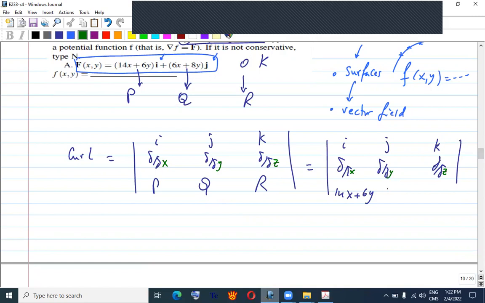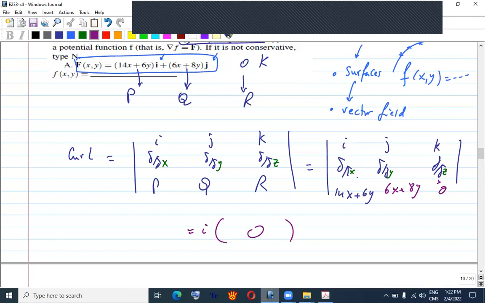I'm copying P. I am copying Q, or there's nothing. So it's a process, because we don't memorize curl as a formula, we make it a process. It's easier. You just hide those, derive this with respect to y, derive that with respect to z. So it's a 0. You get it? That's it. This is the way we compute curl.